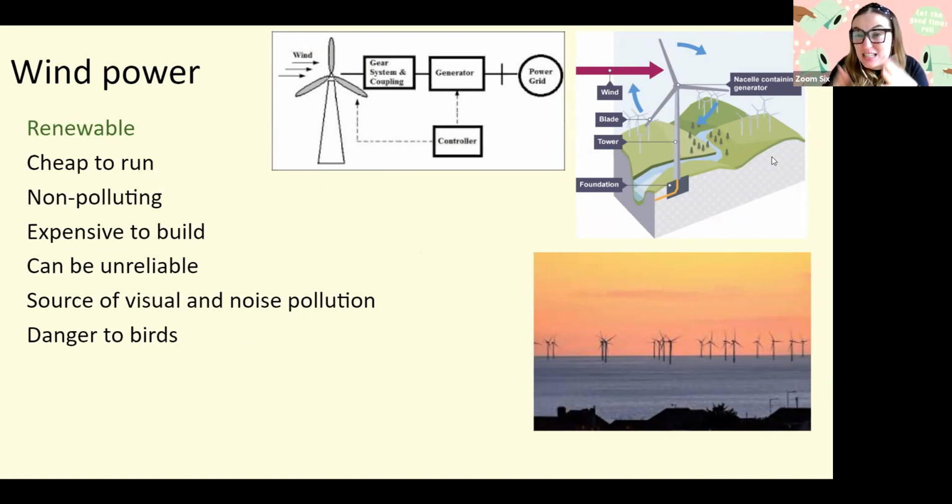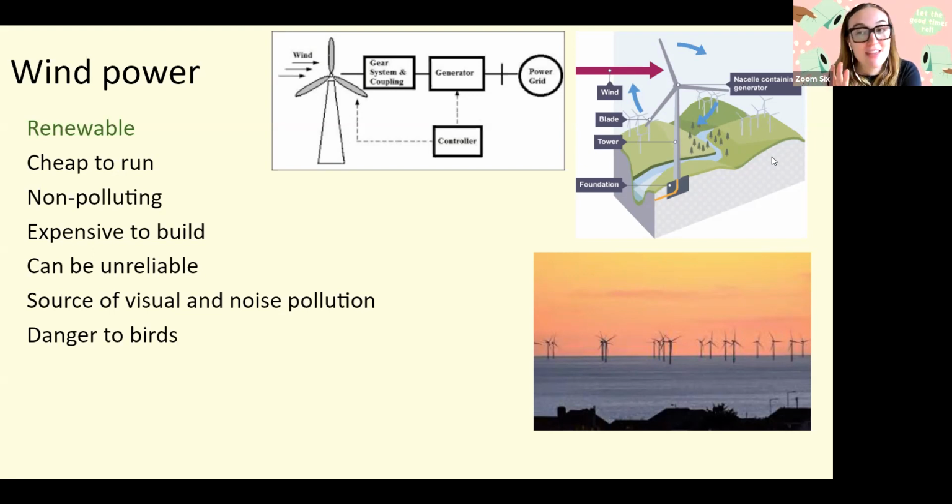You need to obviously keep up some maintenance on it, but actually it just kind of goes of its own accord. It's not polluting. Turning the wind energy, that kinetic energy stored from the wind, into electrical energy is not going to pollute at all. Okay, there's no burning of anything, there's no giving off of any gases. So it's really good in that respect.